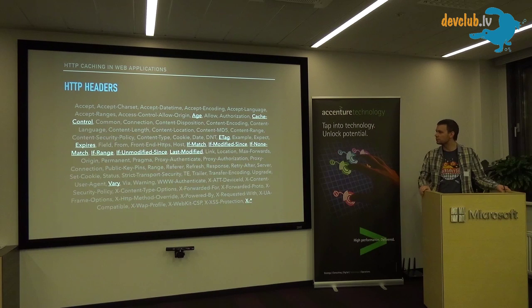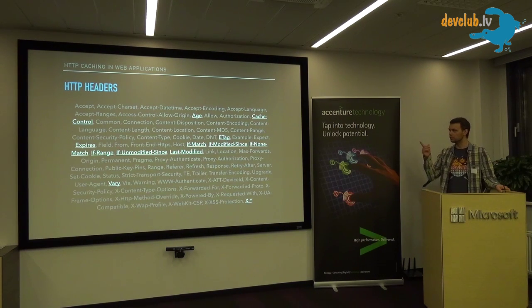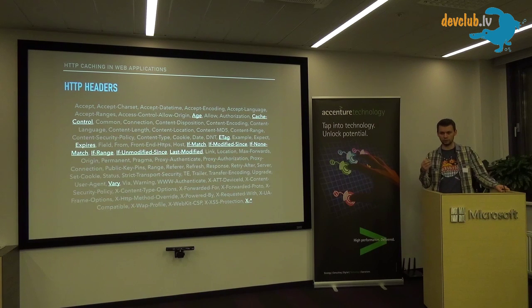Then, age is related to caching. Sometimes cache devices or cache proxy servers include the Age header, which indicates for how long this object has been in cache. So if the value of age is, let's say, 60, it means that this thing has been in cache for a minute.